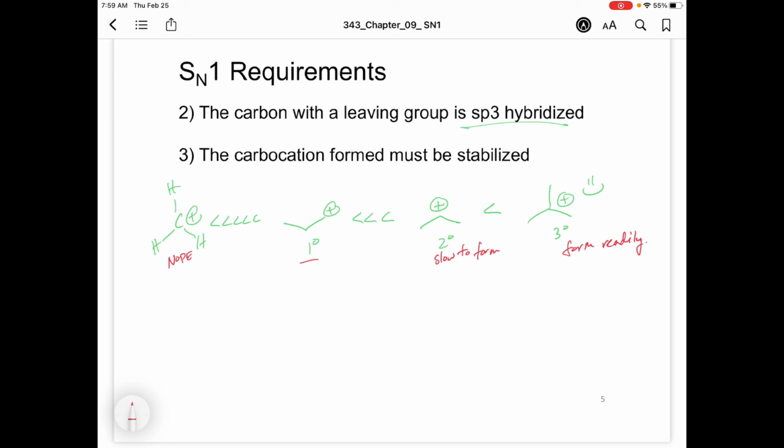Let's go over one more concept. We've talked about hyperconjugation stabilizing carbocations, and we've also briefly talked about carbocations being stabilized by resonance. So let's just write that out.